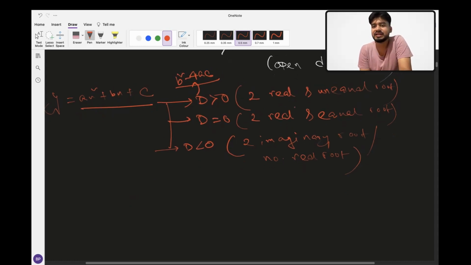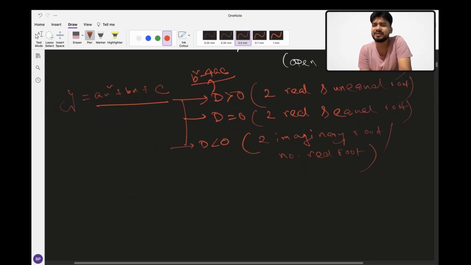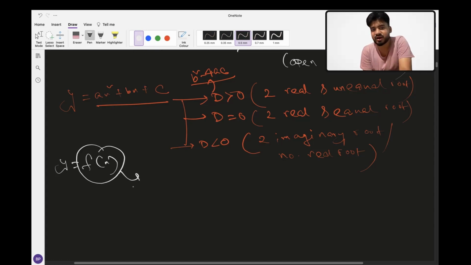So when there is any root of any curve or function, for example, if y equals f(x), and this f(x) has one root at x equals alpha, so f(x) equals 0 at x equals alpha. That means it will pass through the point (alpha, 0).